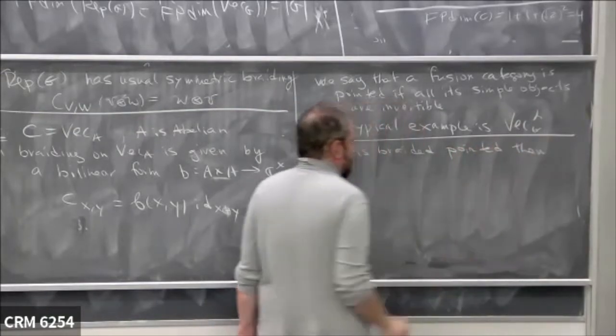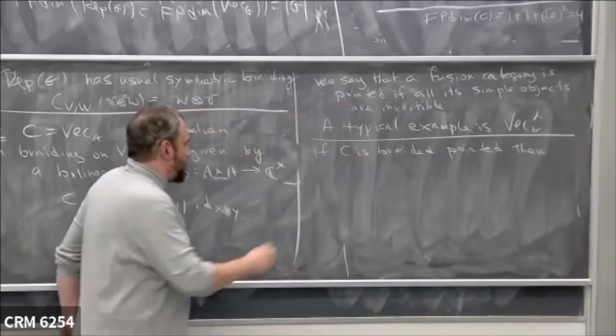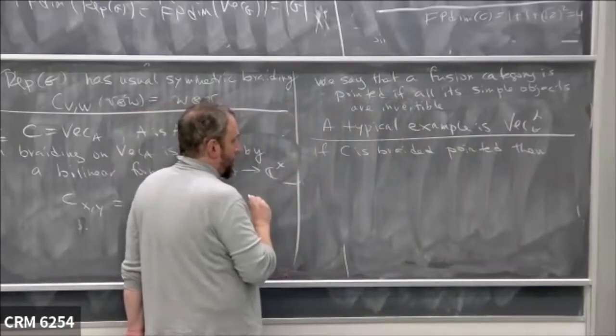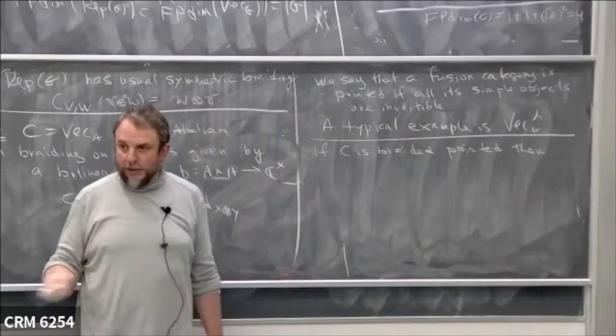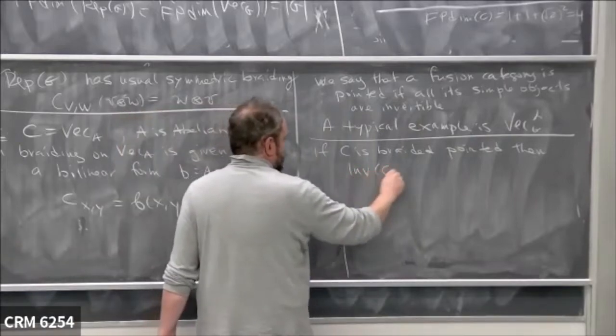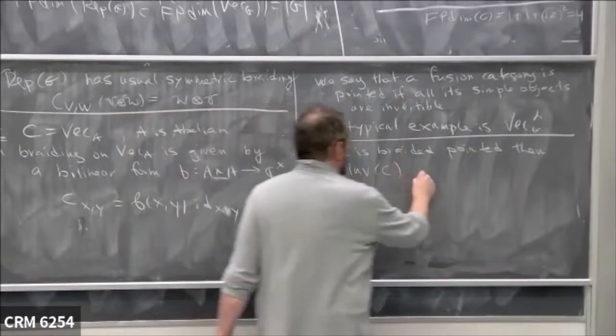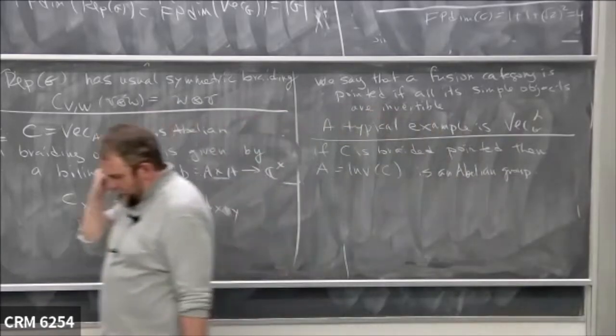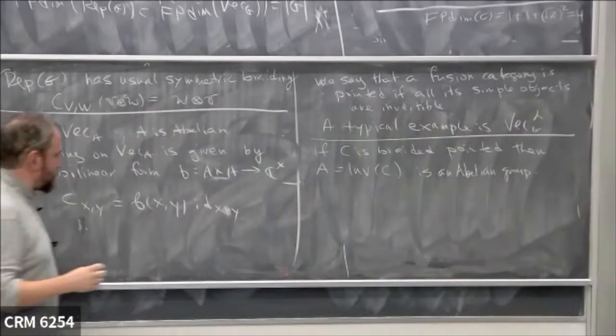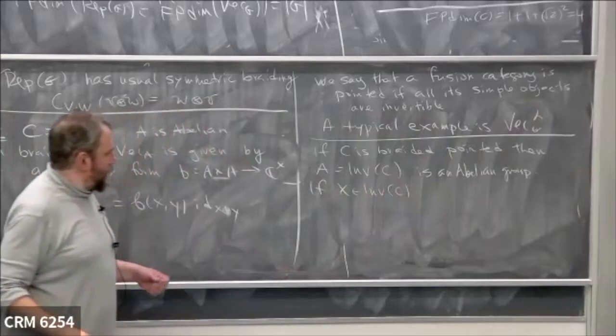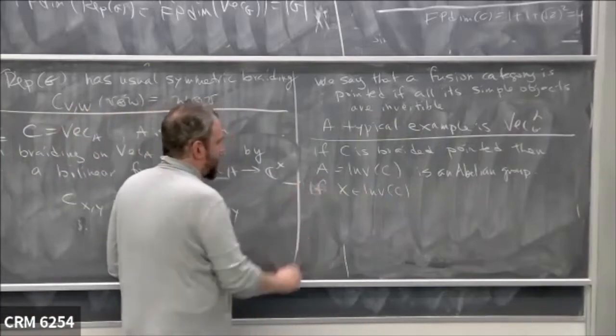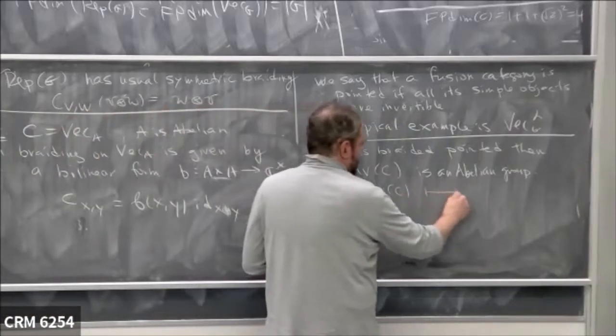So if C is braided pointed, then there is a thing we can do. Look, first of all, invertible objects of C form an abelian group. Invertibles of C is an abelian group. Furthermore, if you have an invertible object, then we can assign to this object its self-braiding.